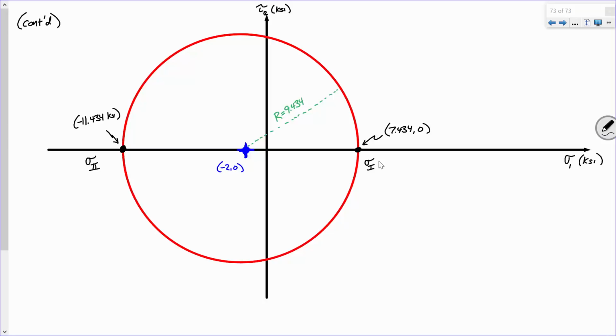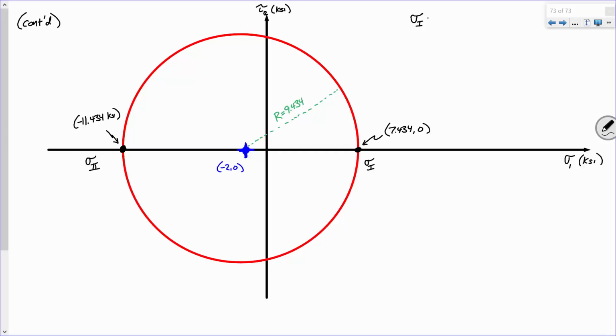In other words, if shear stress is on the y-axis, it's just going to be the radius, right? So what are our worst case normal stresses?